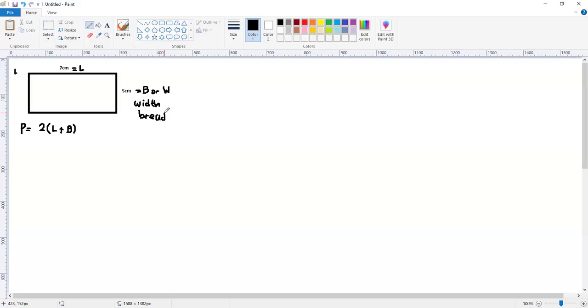Don't worry, let's apply it together since you said you don't remember the formula. Now you remember anytime in mathematics you see a number coming directly in front of a bracket, there's a multiplication sign there, isn't it? Okay. So we're going to replace L with 7, right? And what are we going to replace B with? Yeah, 5.